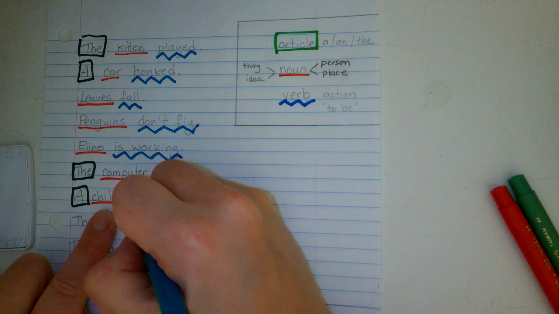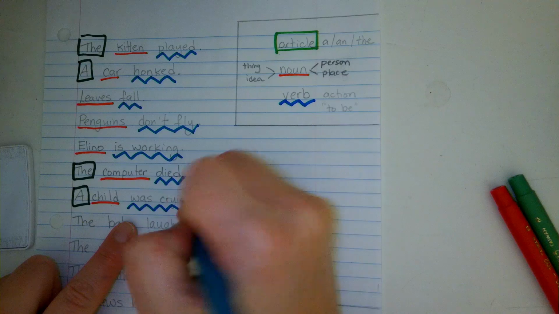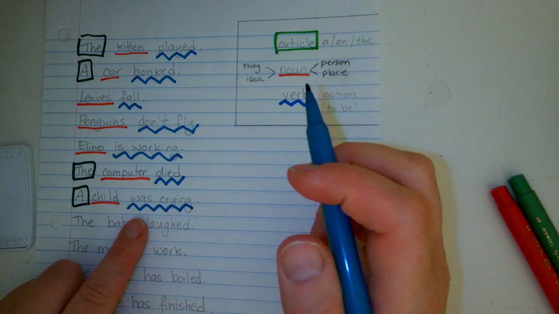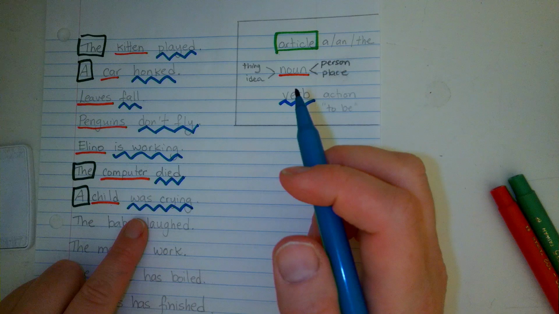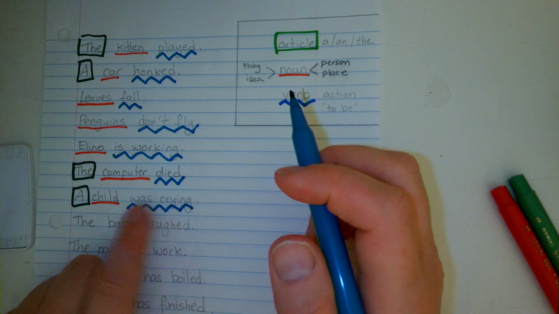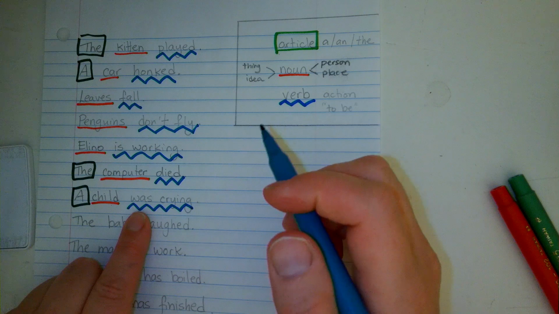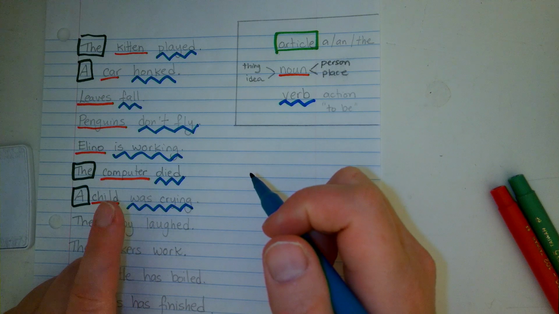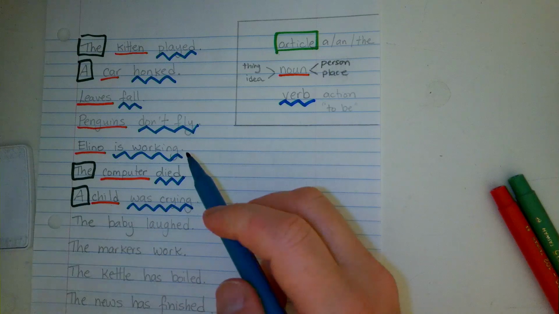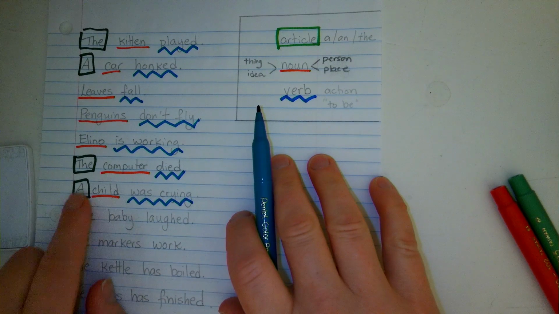Was crying. Yep, was crying is my verb. And what verb tense is this? Well, I have the verb to be and I have ing, so I know it's progressive. Is it present progressive or past progressive? Past progressive or past continuous. Yes, was crying. Okay, so I have subject and verb.